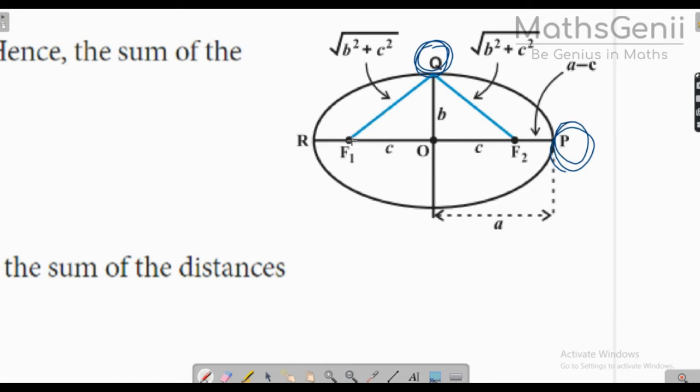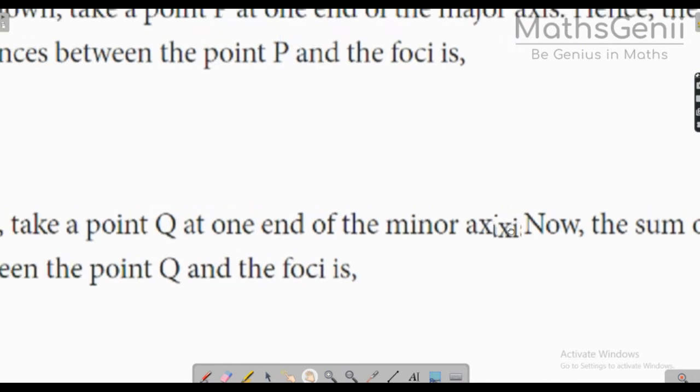So we are going to calculate F1P plus F2P. So this is the major axis, right? We are deriving the relation, so we are going to add F1P and F2P. Let's see what the addition comes to.